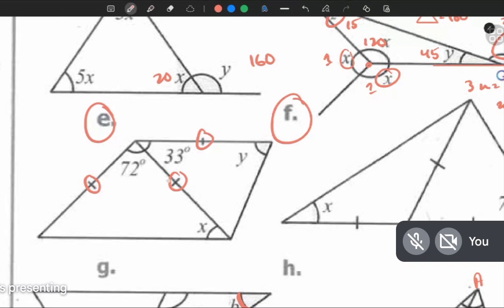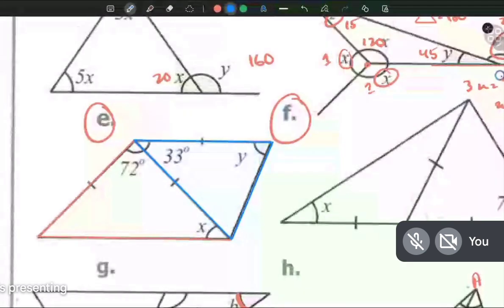So can we see that there are basically two triangles here? Yes. And if their sides are equal, what kind of triangle is that? If two sides are equal, what kind of triangle is that?